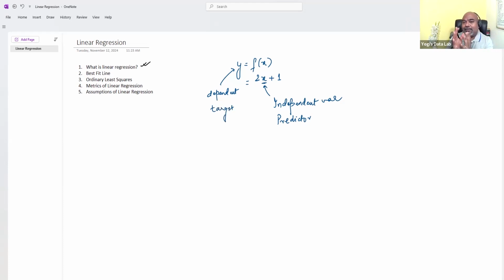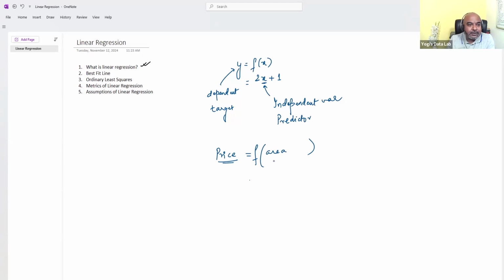Now, let's not stick to 2x plus 1. Let's try to take it to the next level where we will talk about a business use case. Let's say I want to predict the price of a home. Now, the price of a home is going to be a continuous variable, and hence we are taking regression. Let us say that price is a function of the area of a home.